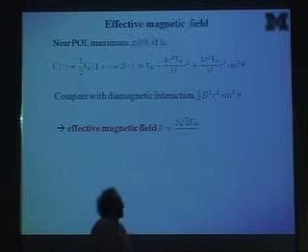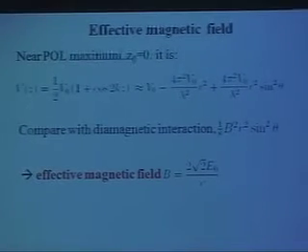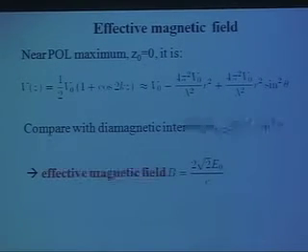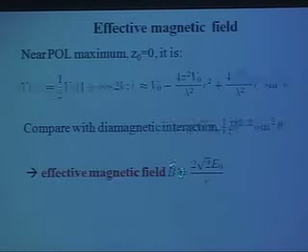The diamagnetic term is given by this expression, 1/8 b squared rho squared. Rho squared is r squared times sine theta squared. So you see an analogy between this term and this term. If you work it out, we expect that near the maximum of the Ponderomotive optical lattice, the spectrum should look very similar to a diamagnetic spectrum with an effective magnetic field given by this expression. So E0 is the electric field of one laser beam alone, and c just the velocity of light.